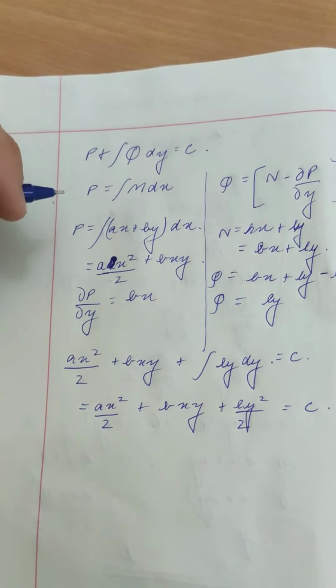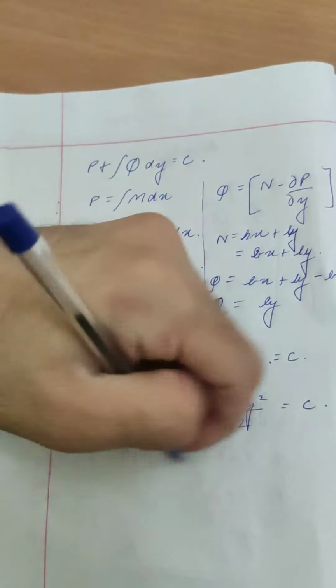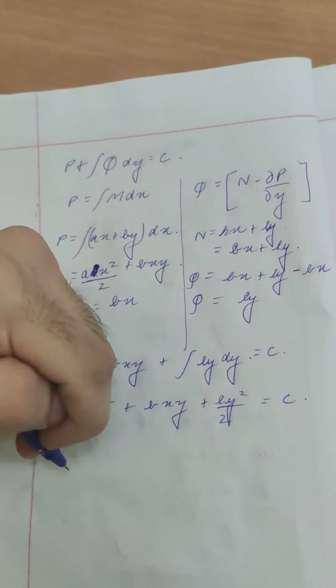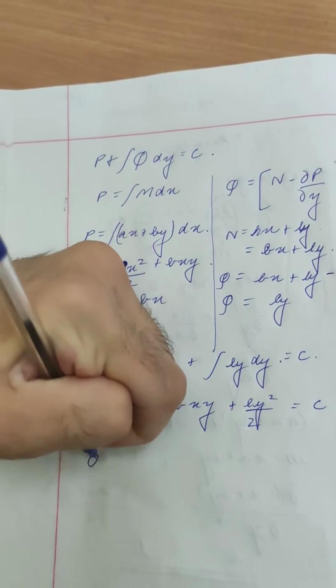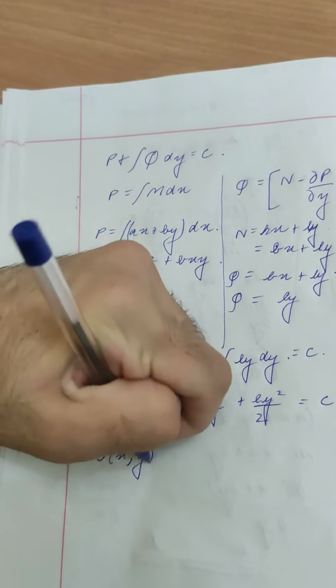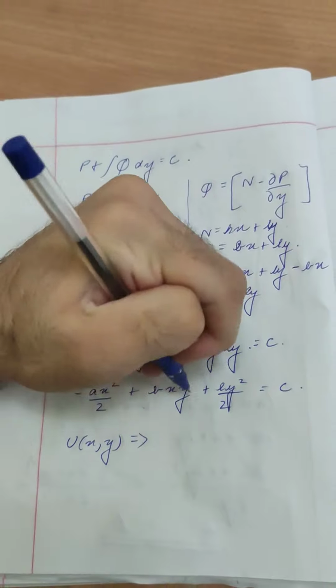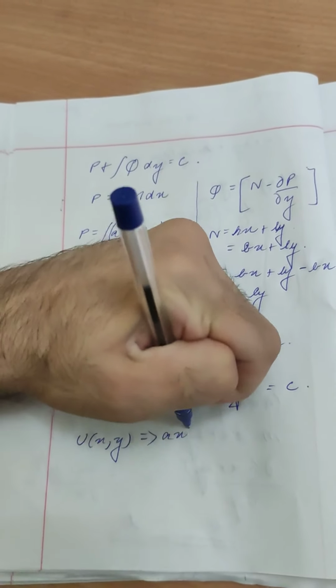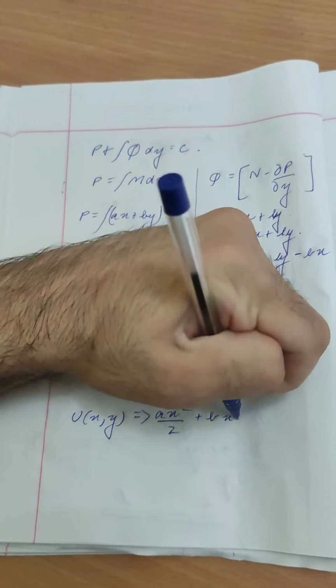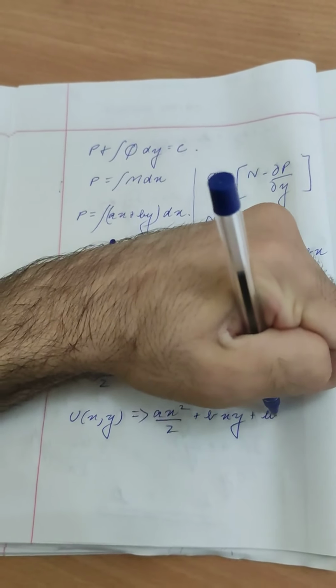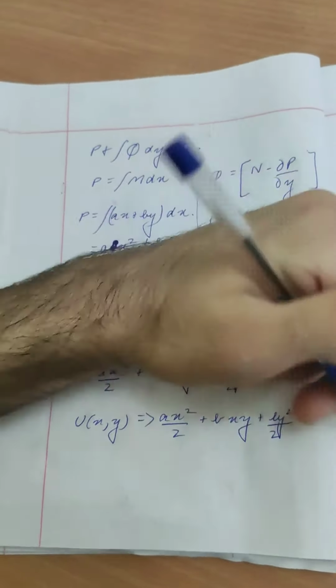So yeah, let us give this equation a name. Let us call it function u. So basically this is a u function in terms of x and y, which is this equation itself, ax square by 2 plus bxy plus ly square by 2, which equals c.